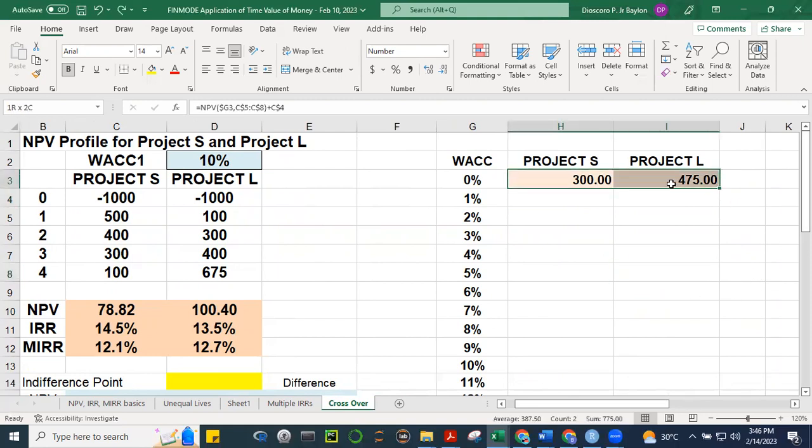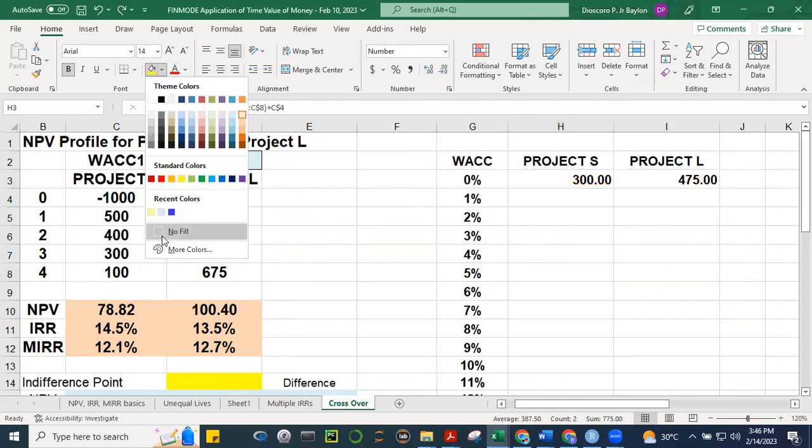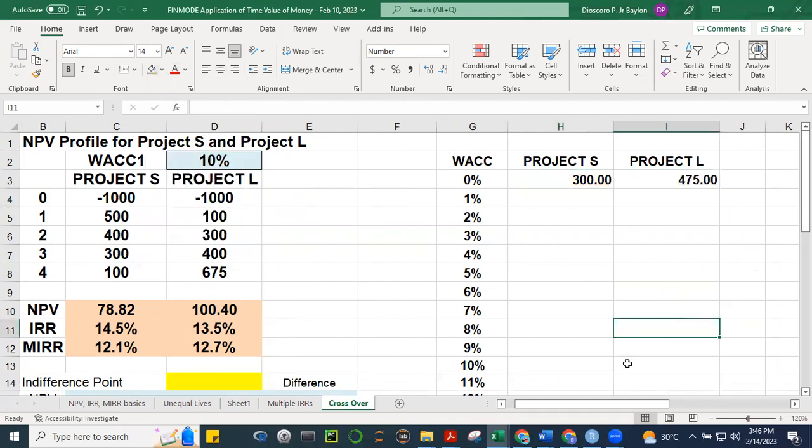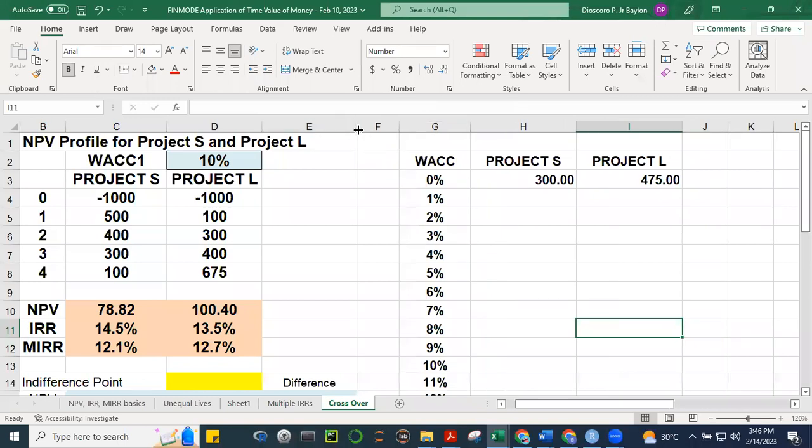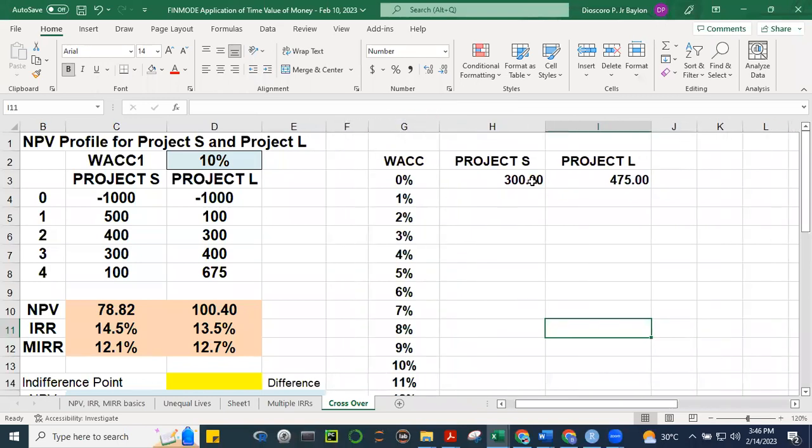Let me delete din. Remove the field. Yan. Okay? So let me pause for a while. Any questions? Were you able to get the NPV? NPV ni Project S, tsaka NPV ni Project L, that's at 0%.